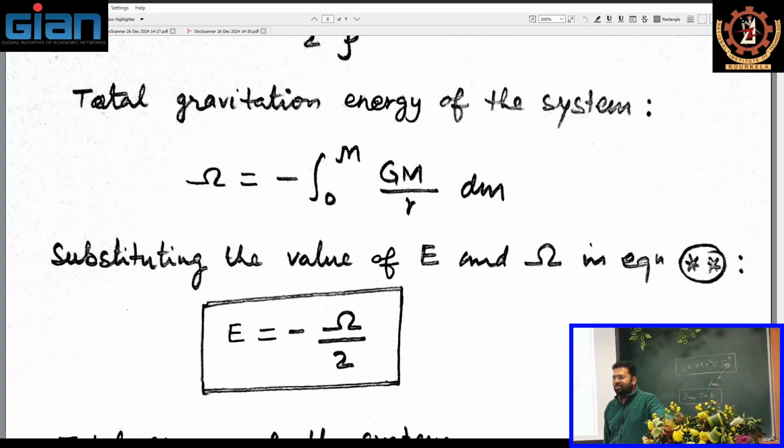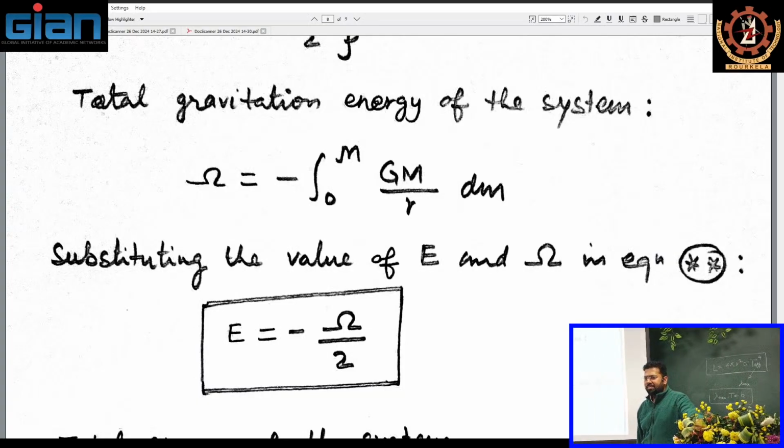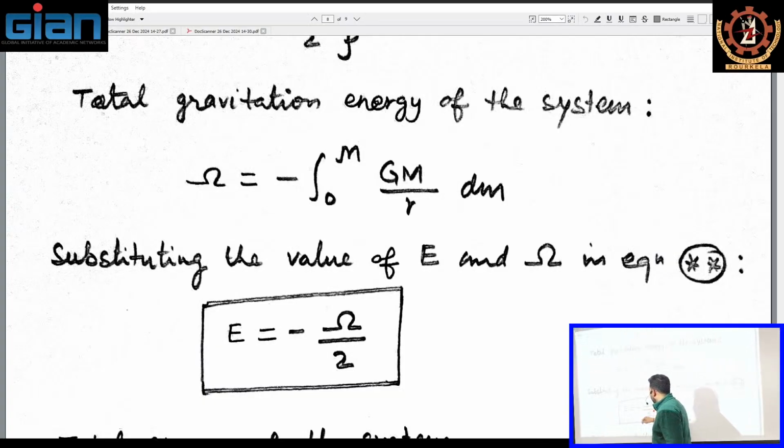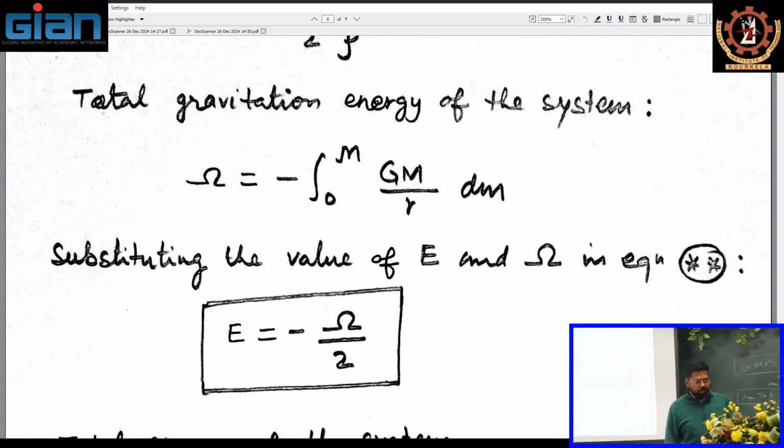Can anyone state what it is? The internal energy in a gaseous object which is in hydrostatic equilibrium is connected to the gravitational potential energy: E is equal to minus omega divided by 2. Okay, let's take this relation.